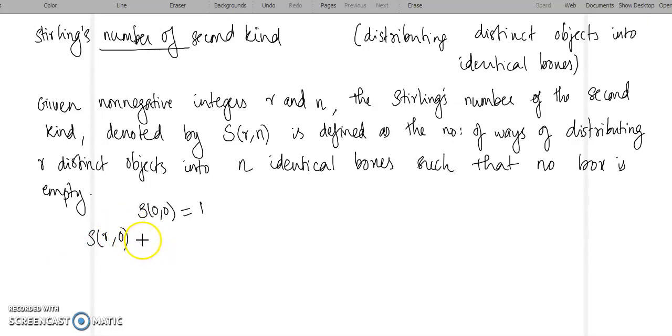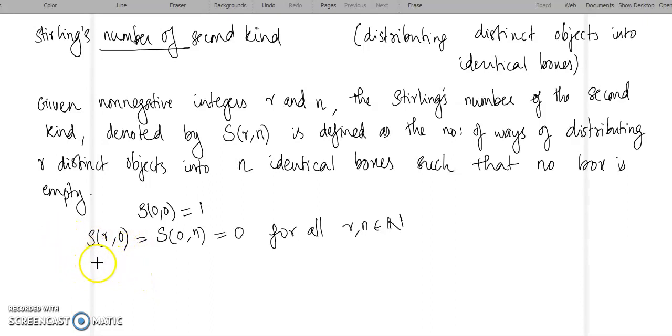There is no such way of distributing, and again the number of ways of distributing 0 objects to n boxes is also 0. So S of r, 0 and S of 0, n are 0 for all r, n belonging to the natural numbers.